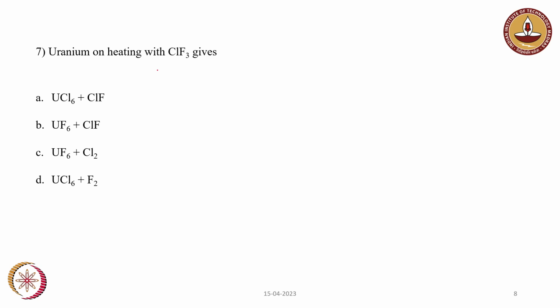Next question is uranium on heating with ClF3 gives. Option A is UCl6 plus ClF. Option B is UF6 plus ClF. Option C is UF6 plus Cl2. And option D is UCl6 plus F2.